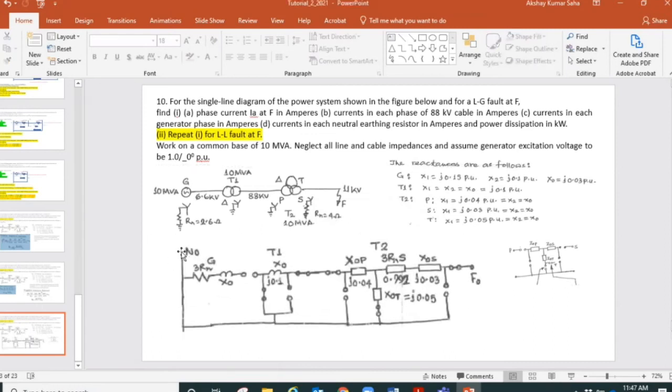So we start with the neutral bus. Remember, start with the neutral bus, and then we have to consider the neutral of the generator. So 3Rn, if you remember, the impedance of the neutral and ground is coming as multiplied by 3 times Rn is going to come here.